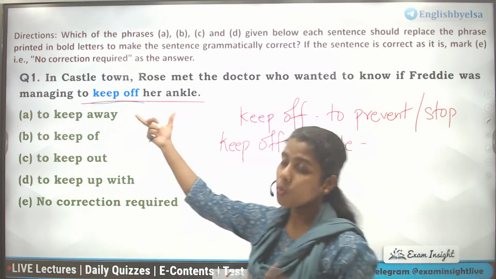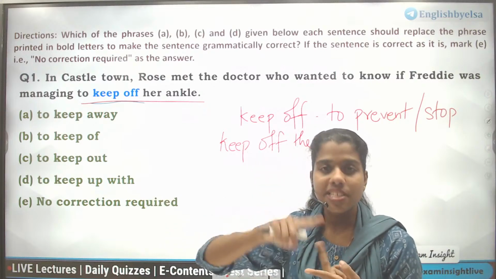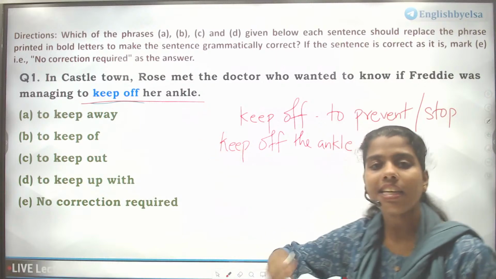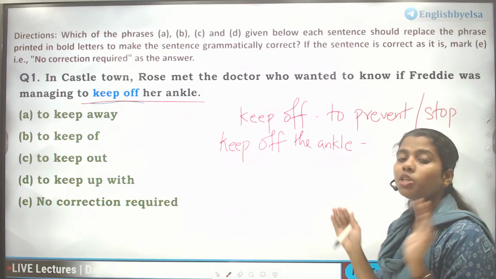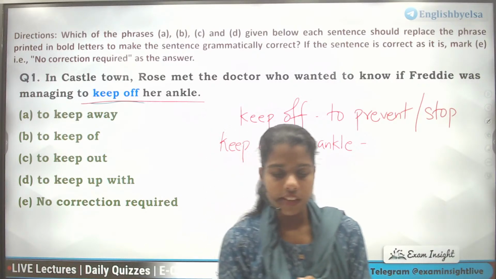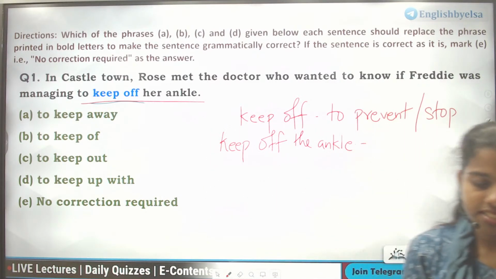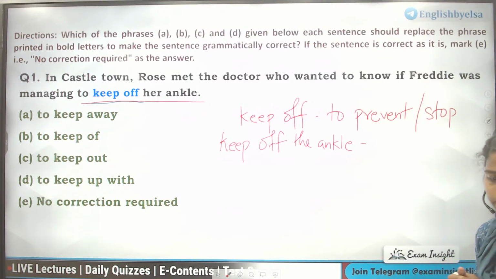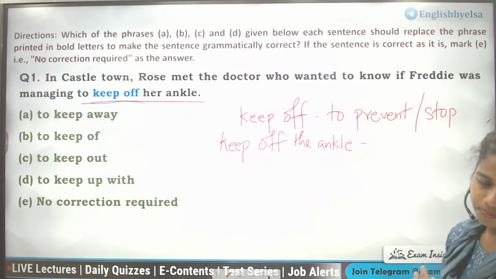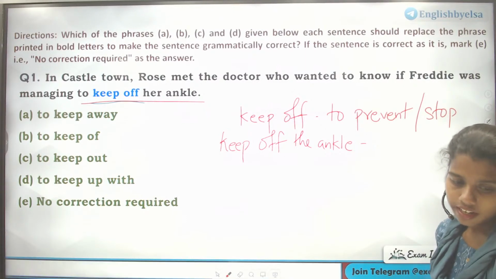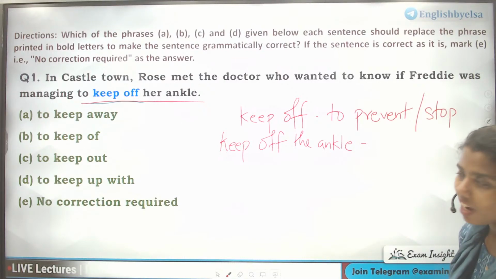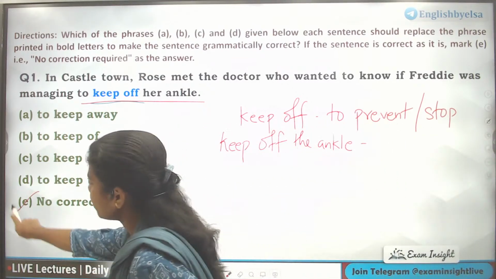So this question has a twist, phrasal verb plus it is a phrase in itself. Keep off the ankle means to relax your ankle, to not give much strain to your ankle. So in this case, you will have to mark the option as option E. Why?